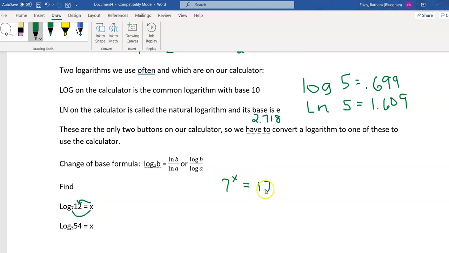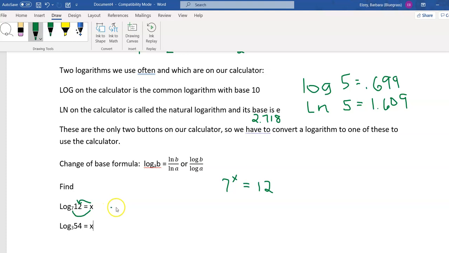All right, because 7 to the first is 7. 7 squared is 49. So how do we get 12? Well, the decimal's got to be somewhere between 1 and 2, because 7 to the first is 7 and 7 squared is 49, but we don't know what it is. We really need our calculator to tell us what it is. So that's where we're going to use this change of base formula.